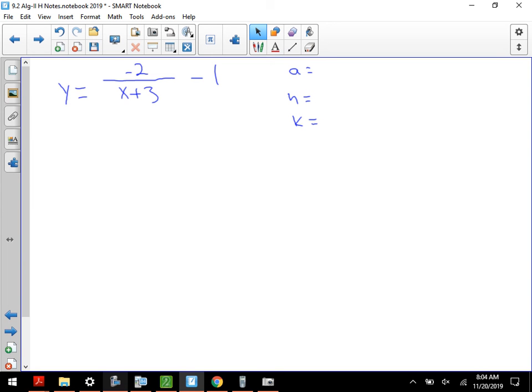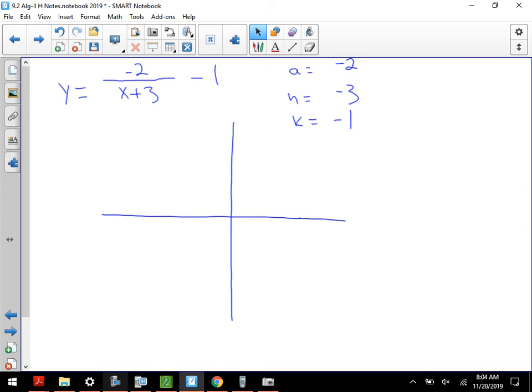In this case here, I always label what my A, H, and K is, just to go through the process. Our A value is -2. What's my H value? -3. Good. Remember, it's always the 0 of the denominator, so it's -3. And our K value is -1. So far, so good? So here's what you do.